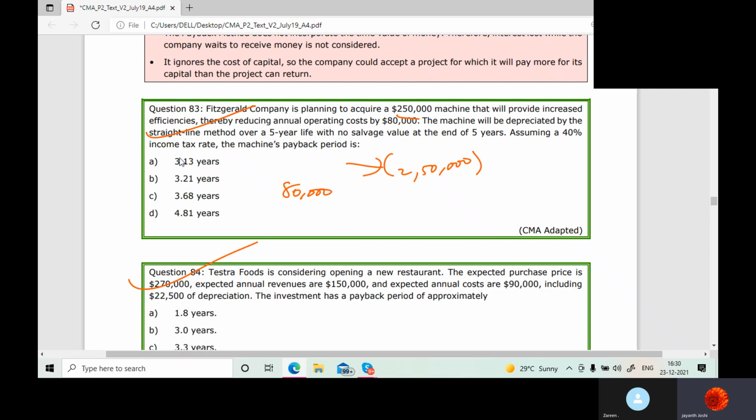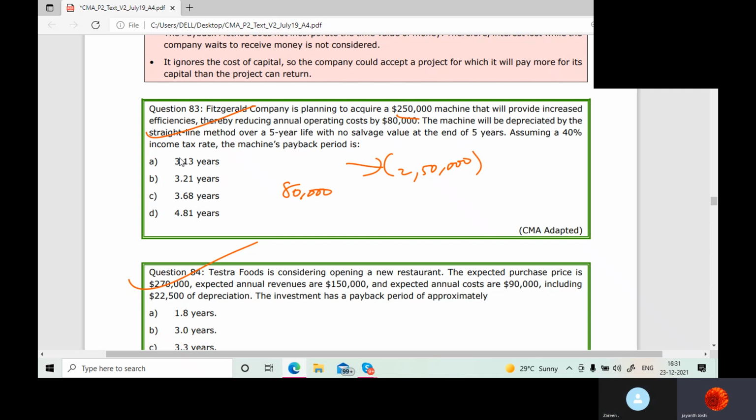2,50,000. Machine will be depreciated by the straight line method over 5 years, and payback method. It will be depreciated over the cost. 32,400 divided by 78.